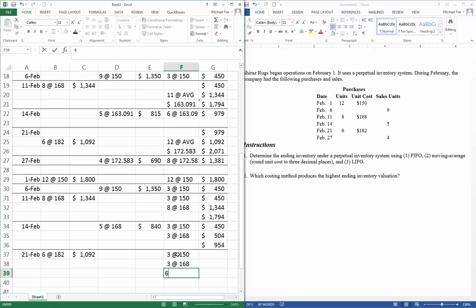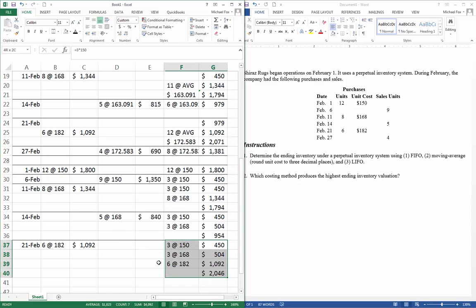And we have 6 at $182. And then that total will be our total inventory at 21 February.